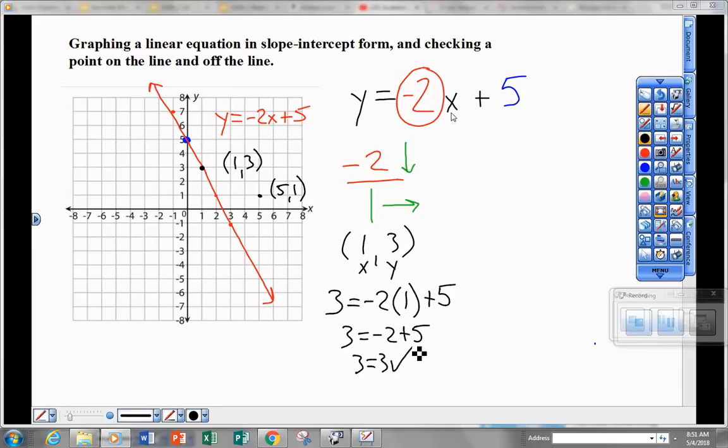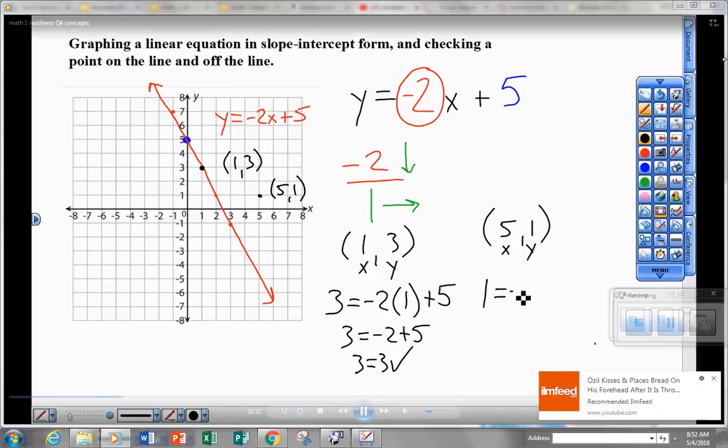When I plug in 5, 1, that point will not work. The point 5, 1 for x and y, I'll plug in 1 for y and 5 for x. I still have that negative 2.